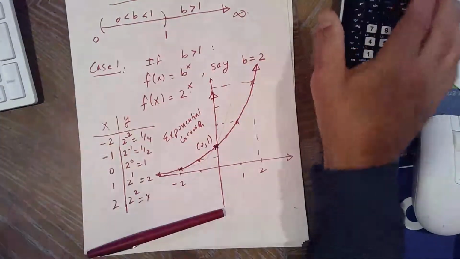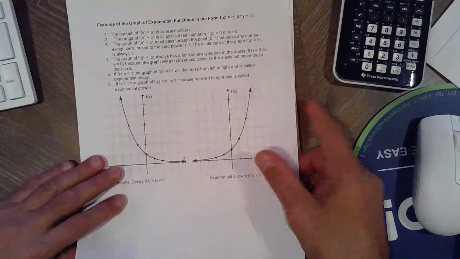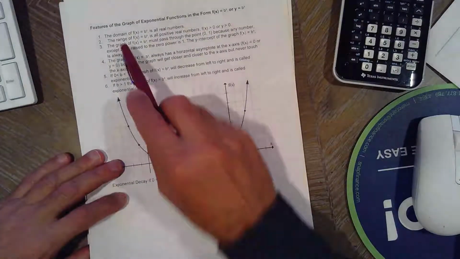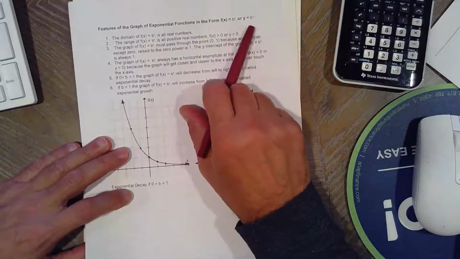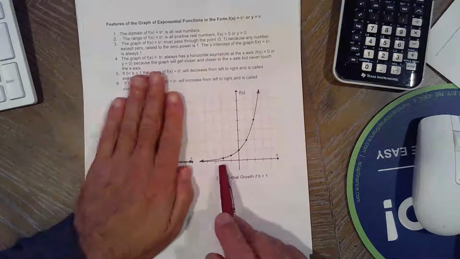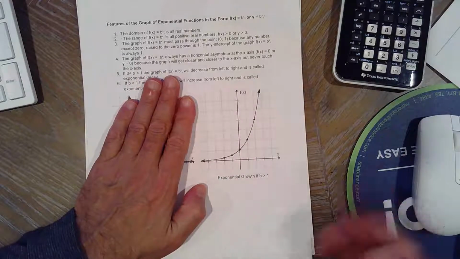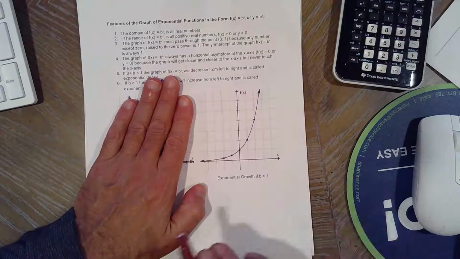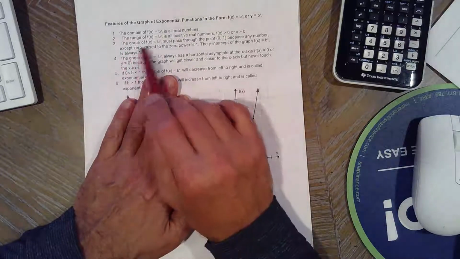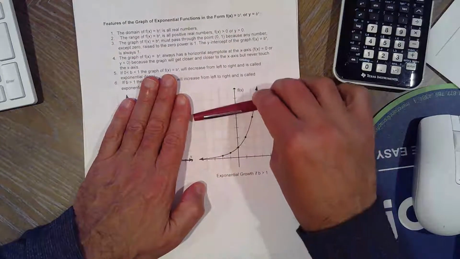So for this case, you have a handout in your notes, so look it up. There's the graph of exponential function f of x equals b to the x. The domain is all real numbers. This is the one we did, okay? From negative infinity to infinity, as I showed you, I plugged in all these numbers. The range is all positive real numbers. You can see that y is greater than 0.